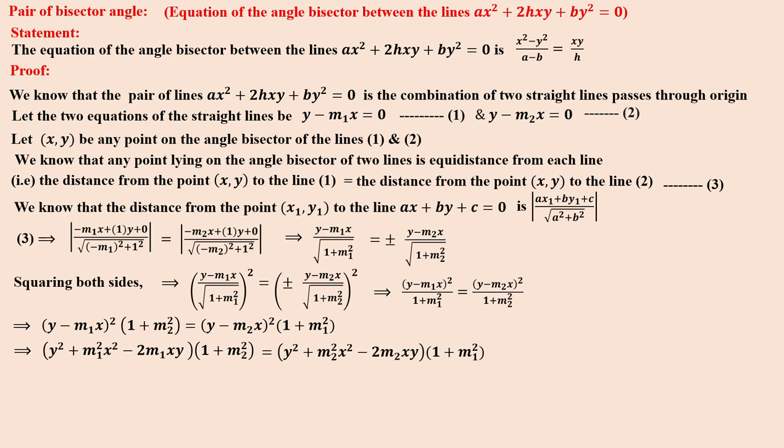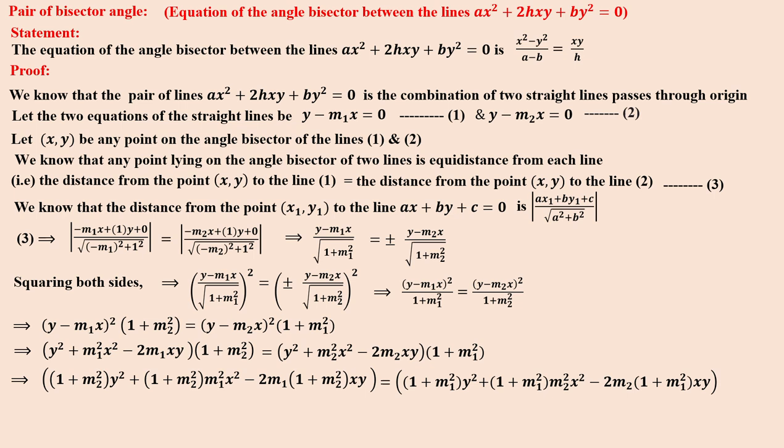First term 1 plus m2 square into y square, second term 1 plus m2 square into m1 square x square, third term minus 2m1 into 1 plus m2 square into xy. Similarly on the right hand side, 1 plus m1 square into y square plus 1 plus m1 square into m2 square x square minus 2m2 into 1 plus m1 square into xy.